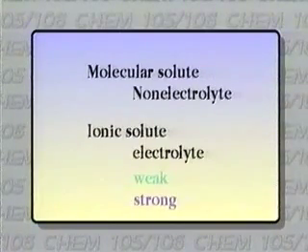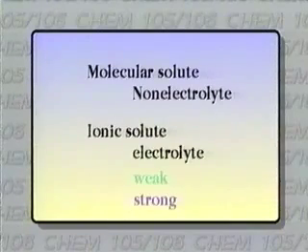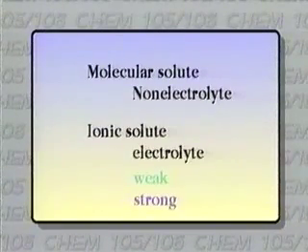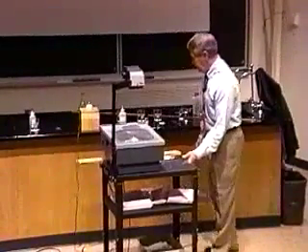So we can then carry out measurements to show what form a solute really is moving into solution as. And we'll take a moment here then and take a look at a little demonstration dealing with electrolytes and non-electrolytes.